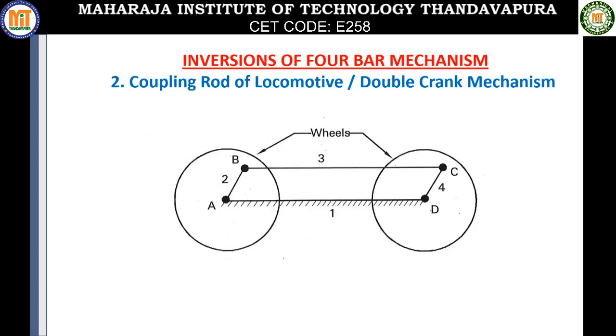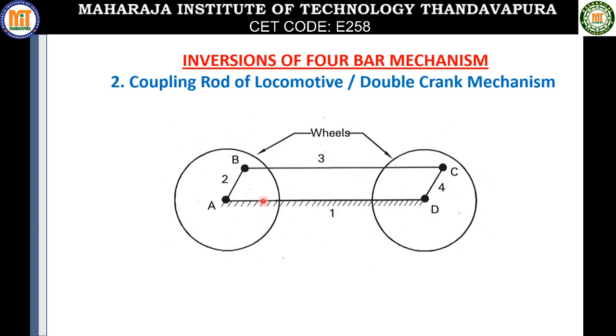The second inversion of a 4-bar mechanism is called the double crank mechanism, or commonly called the coupling rod of a locomotive. Here in this mechanism, the length of AD will be equal to the length of link BC, and in a similar fashion the length of link AB will be equal to the length of link CD. So they form a perfect parallelogram.